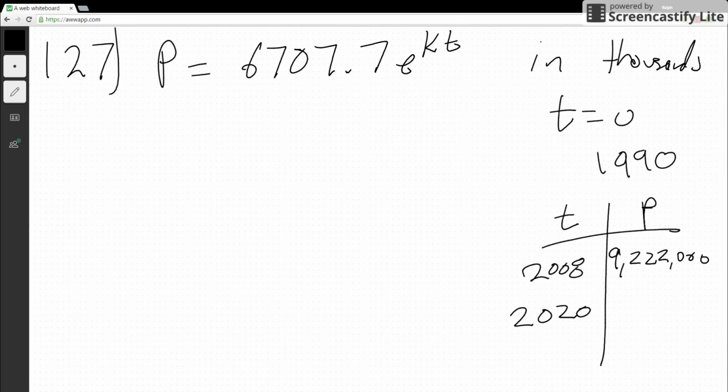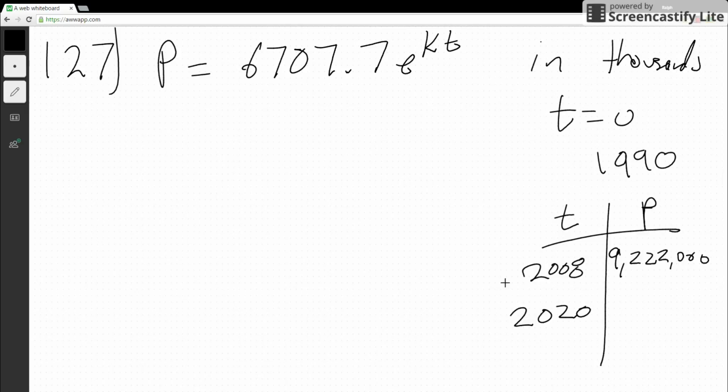Okay. So looking at 127, the one thing I have to be careful about, this is kind of confusing, is that a lot of the examples we did in the book were different, but 0 doesn't correspond to 2000. It corresponds to 1990.